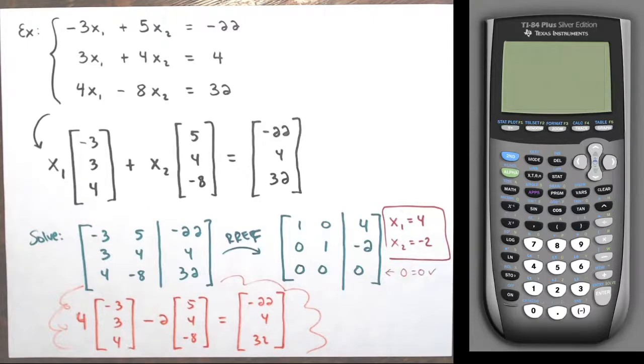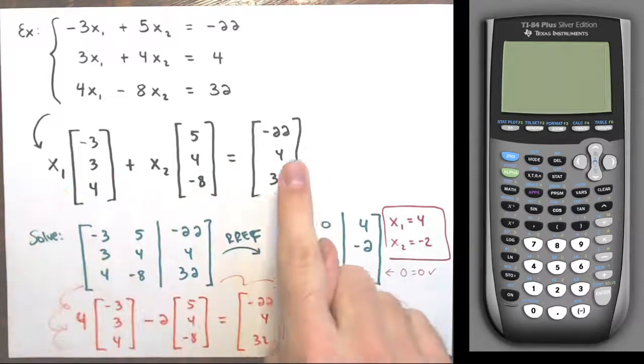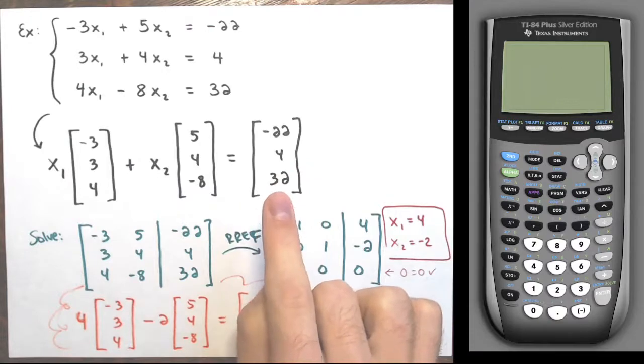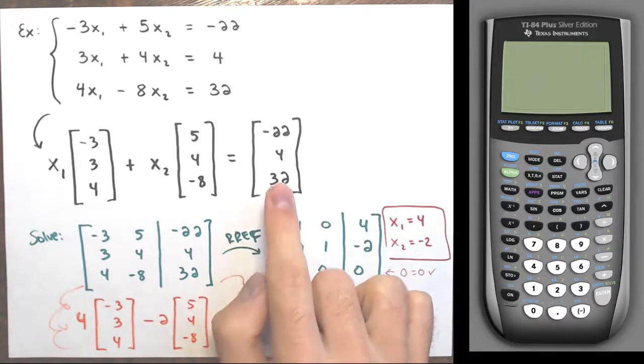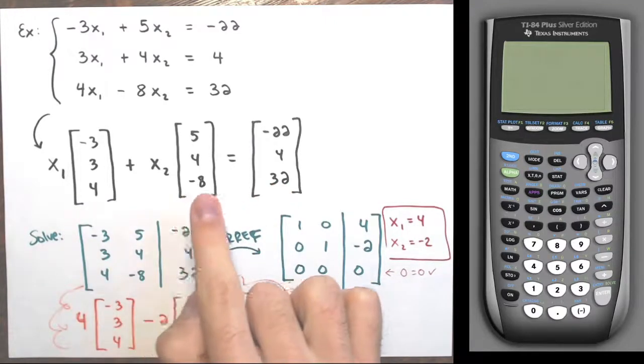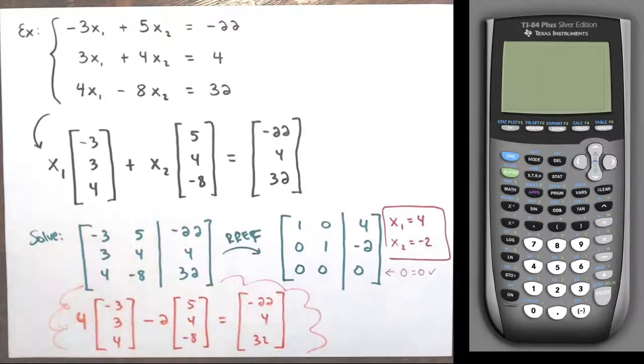And you can write them as linear combinations, and then you're asking the question: can I express the constant vector, the constant matrix, as a linear combination of the columns of the coefficient matrix? All right. And that's it.